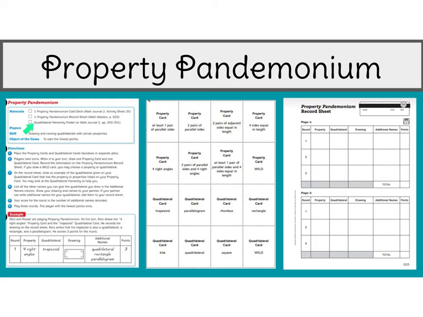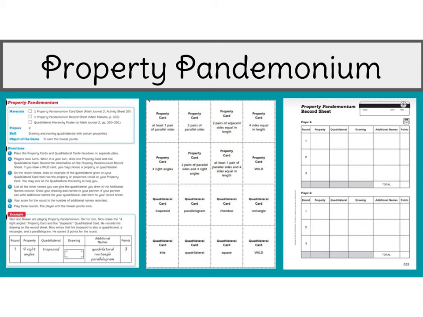It is a 2-player game, and you're going to be drawing and naming quadrilaterals with certain properties. So the object of the game is to earn the fewest points, which is a little bit out of the ordinary when we talk about games.